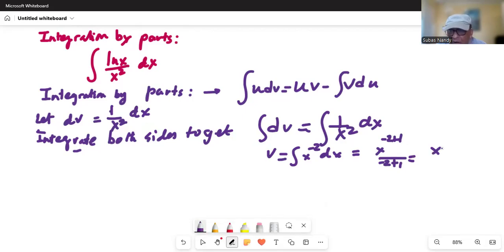Minus 2 plus 1 is minus 1, so it is x to the minus 1 divided by minus 1, which equals minus 1 over x. So that's where v is minus 1 over x. Point to be noted: v is equal to minus 1 over x.